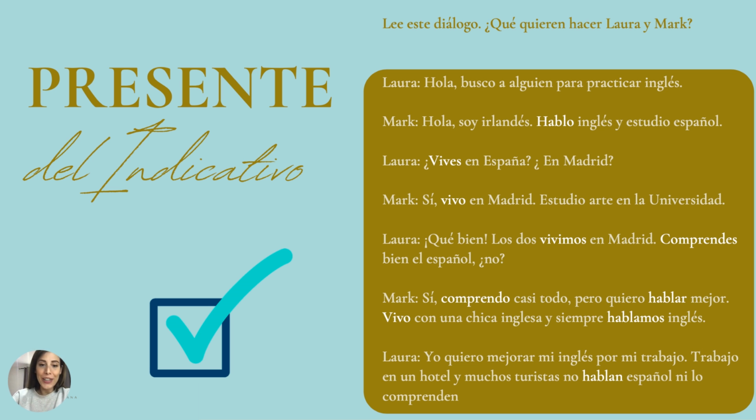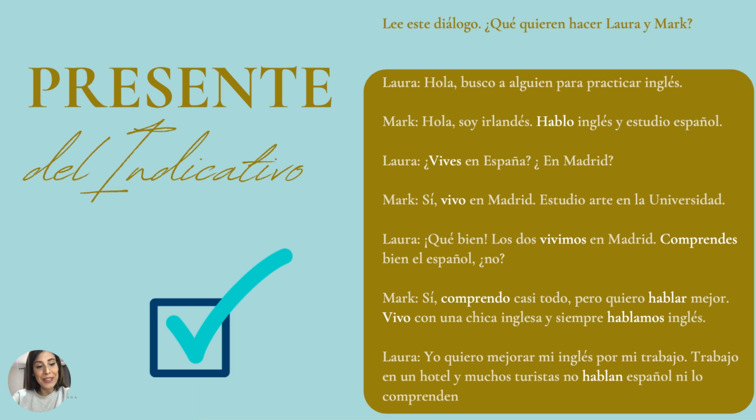Laura: Hola. Busco a alguien para practicar inglés. Mark: Hola. Soy irlandés. Hablo inglés y estudio español. ¿Vives en España? ¿En Madrid? Sí, vivo en Madrid. Estudio arte en la universidad. ¡Qué bien!